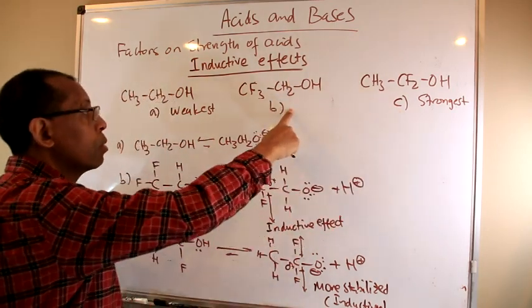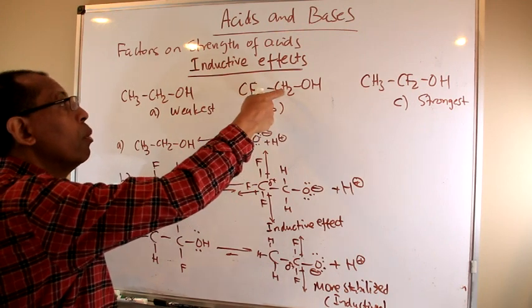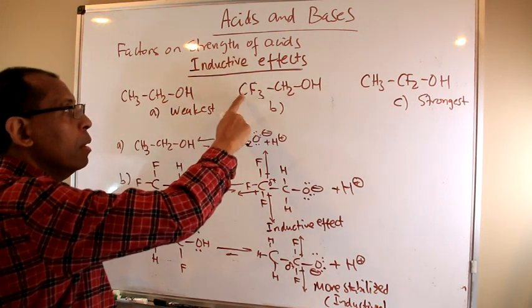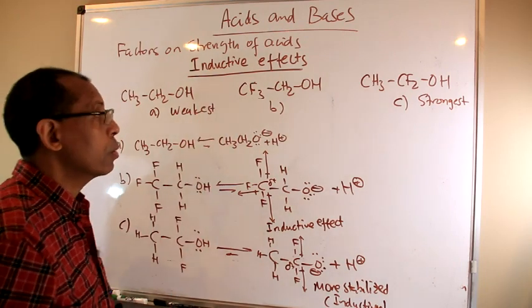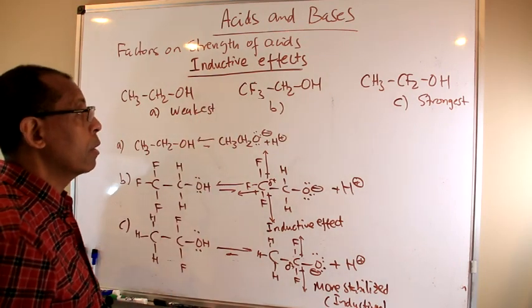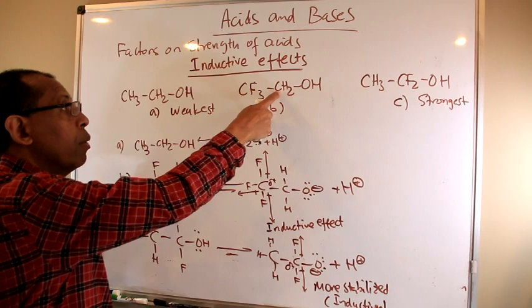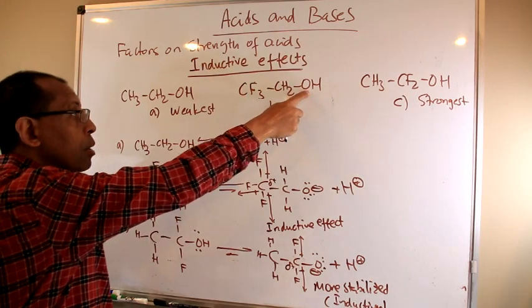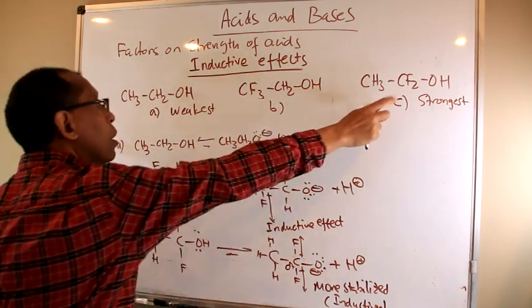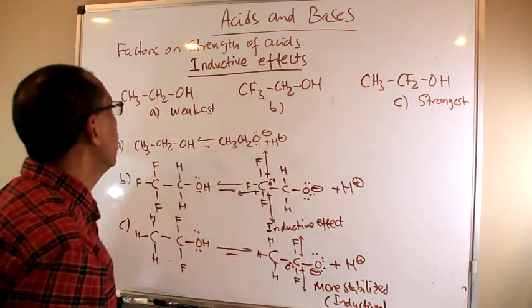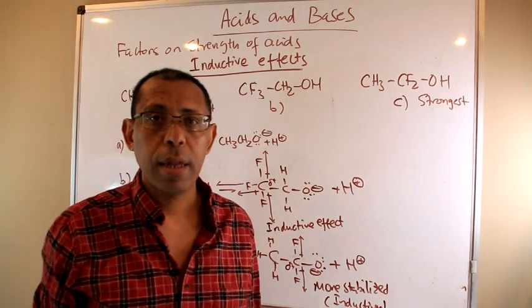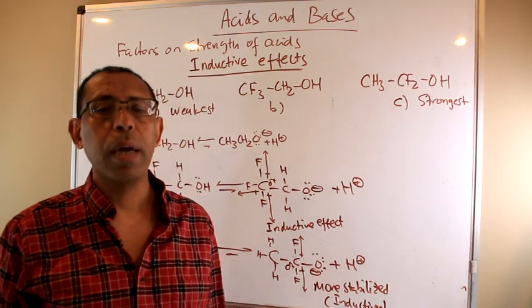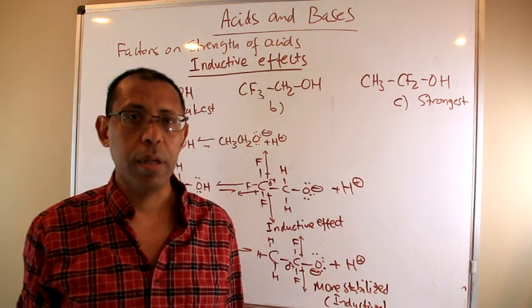This is the next strongest acid because it's one more carbon away; even though we have fluorines, which can cause a lot of inductive effect, they are much further from the oxygen than in the third one, C. This one doesn't even have any electronegative atom that can pull some electron density by inductive effect.